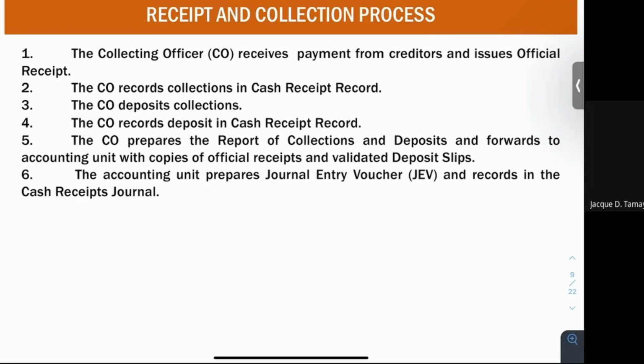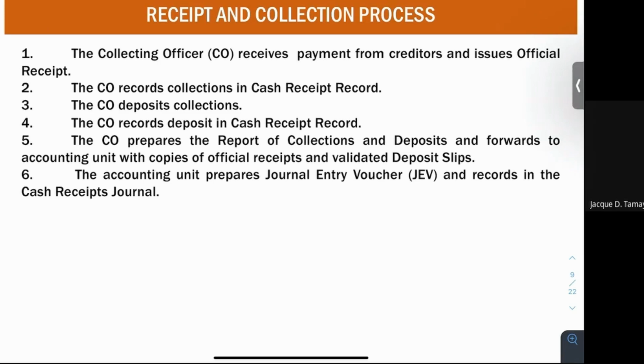That's why I told you a while back, whenever we audit items of your receipt and collection process, what we compare is the receipt and the amount of the report of the collecting officer together with the deposit. That's how we do it.